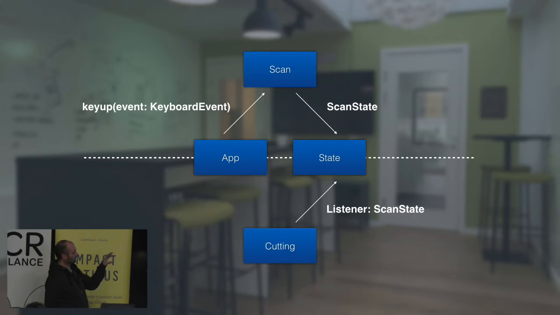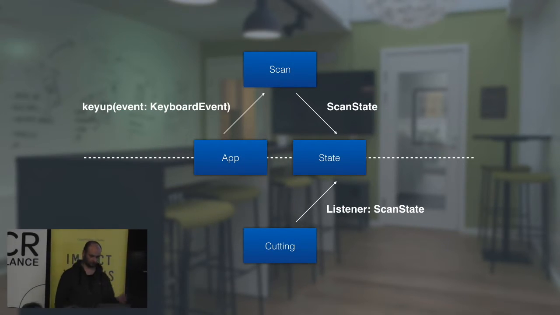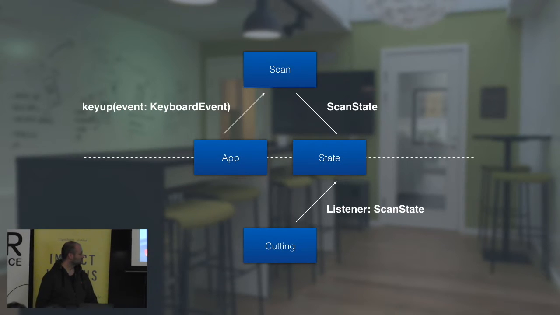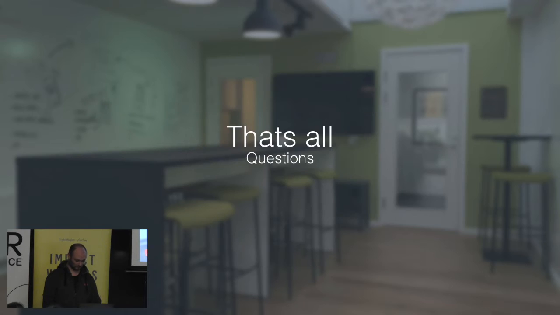In this example, the cutting component is listening for scan states. And whenever that happens, it does its magic. It switches to the correct view state and looks up the product and a lot of different things.